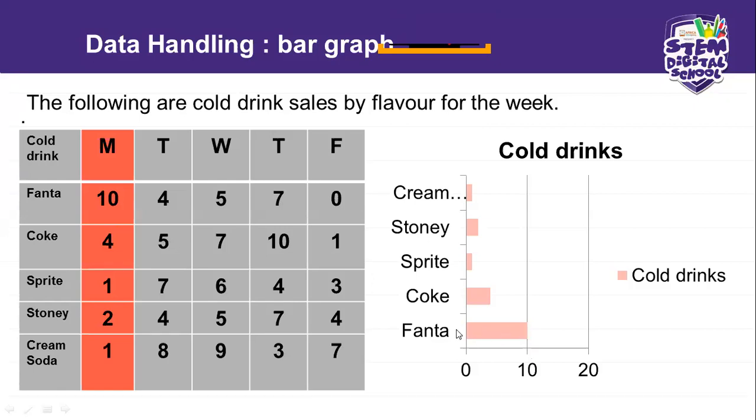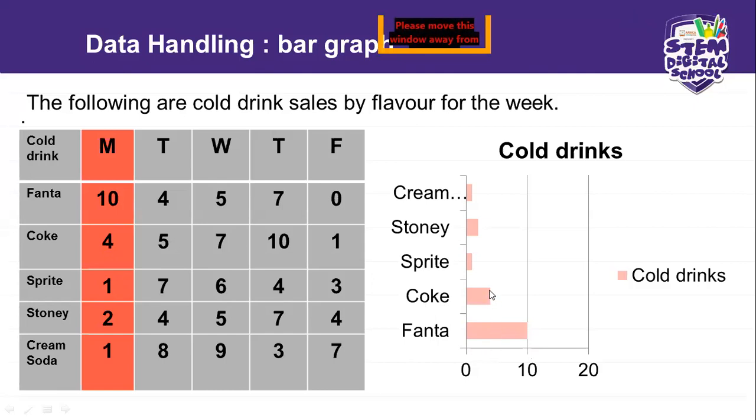Then we go to the next cool drink, which is Coke. How many Cokes were sold? 4 Cokes were sold. Okay, there we go. Coke, it was 4. It's Coke there, and then you go to the numbers 1, 2, 3, 4.